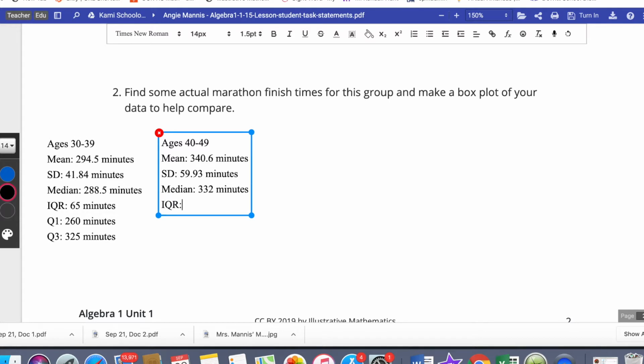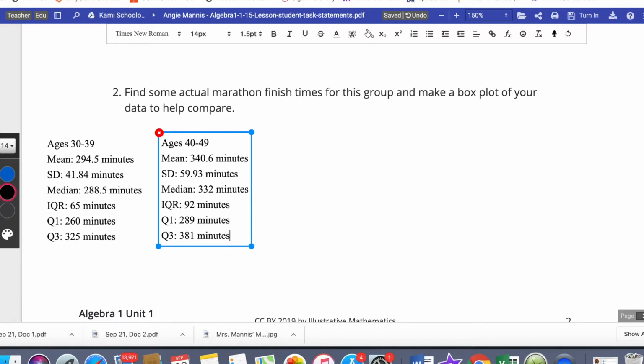IQR, 92 minutes. Q1, which is quartile 1, 289 minutes. And Q3 is 381 minutes.